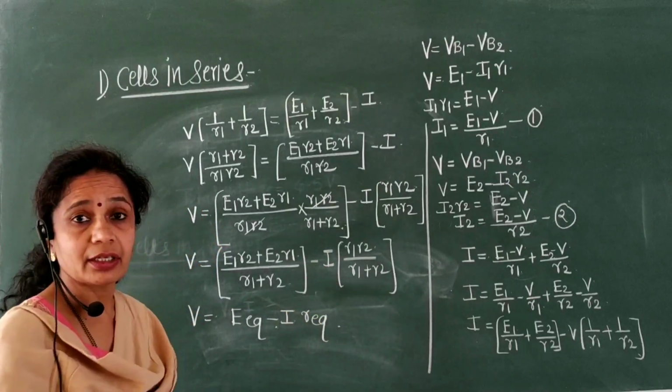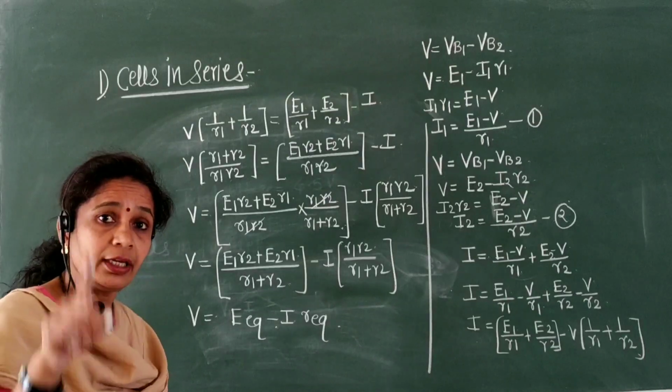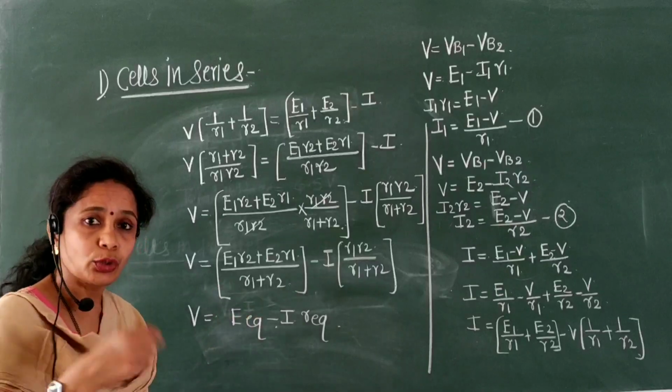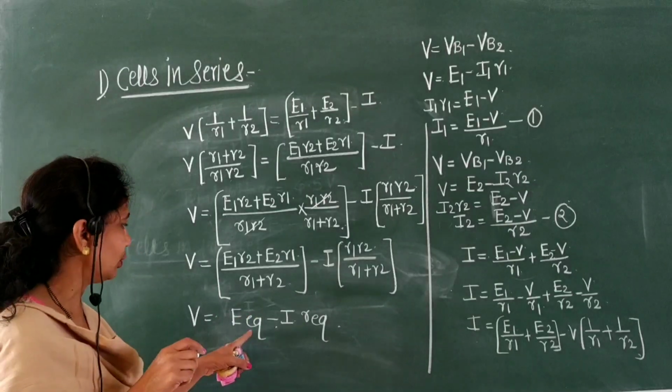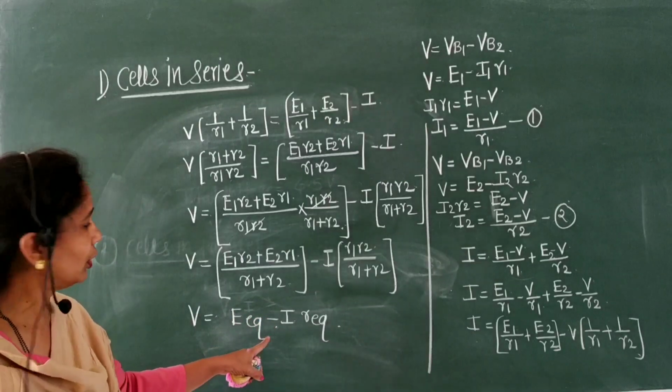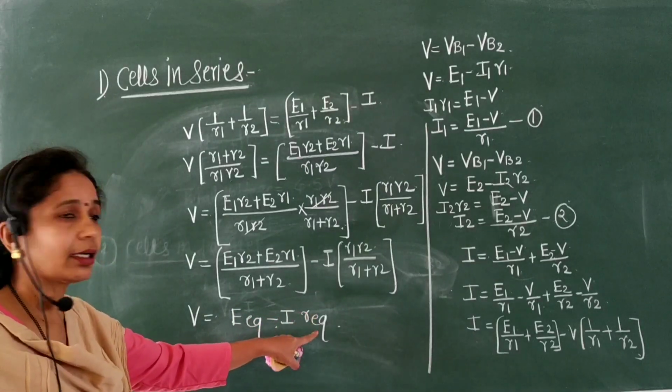R means internal resistance. Total internal resistance is R equivalent and total EMF is E equivalent. Therefore, the equation becomes V is equal to E equivalent minus I R equivalent.